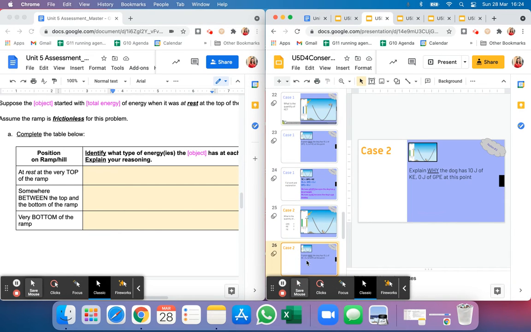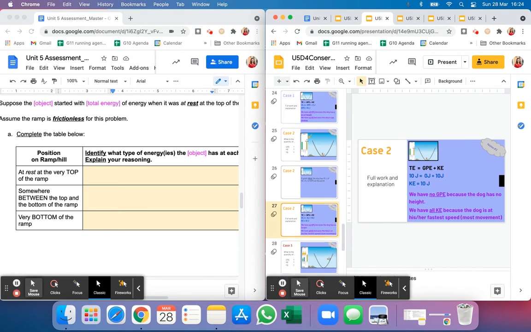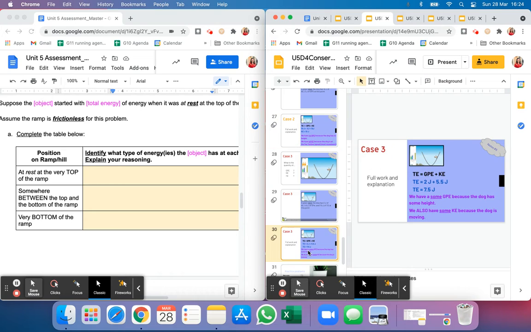So this was more like case 3. We have some gravitational potential because the dog has some height. We have some kinetic because the dog is also moving. So all of this was required in order to get your 2 marks, just like we did in class.